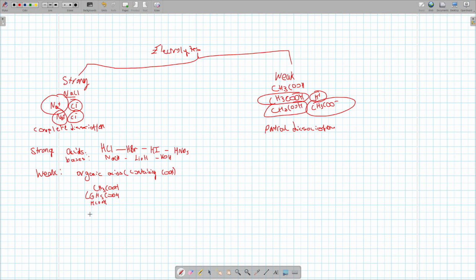Okay, these are the examples. So if you were to write the dissociation of, let's say, C6H5COOH, you would use a double arrow because it's partial. C6H5COO- plus H+. This means partial dissociation.